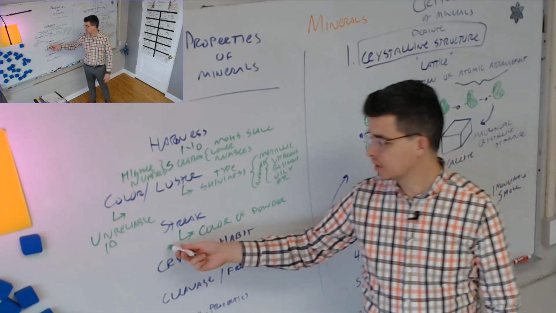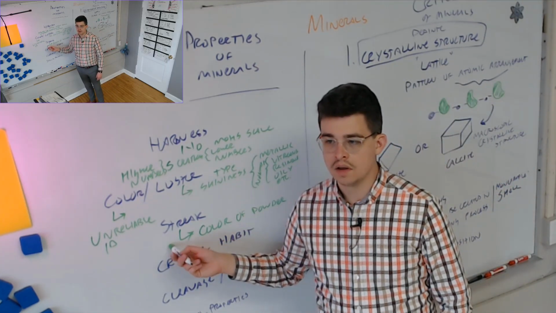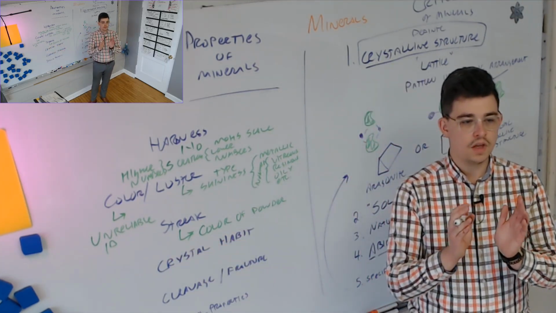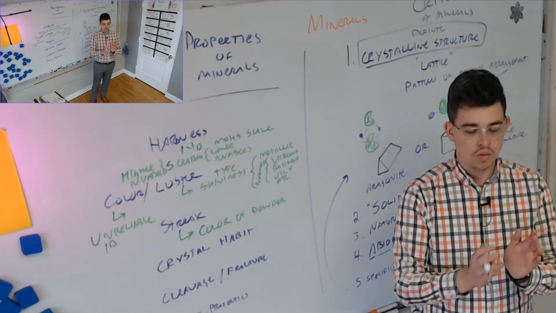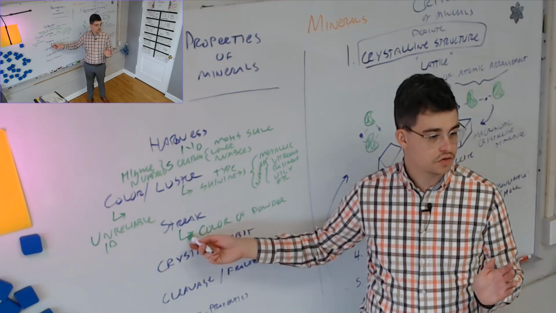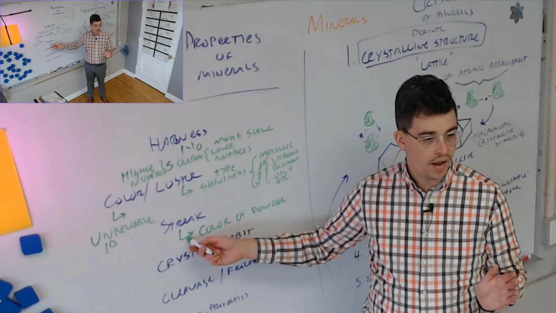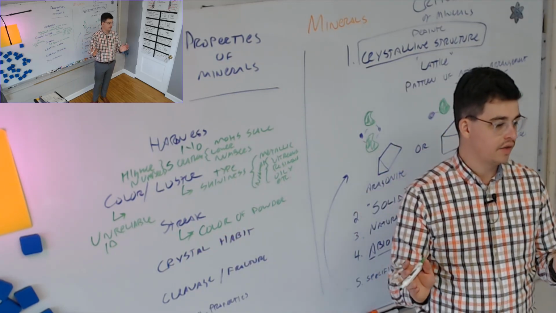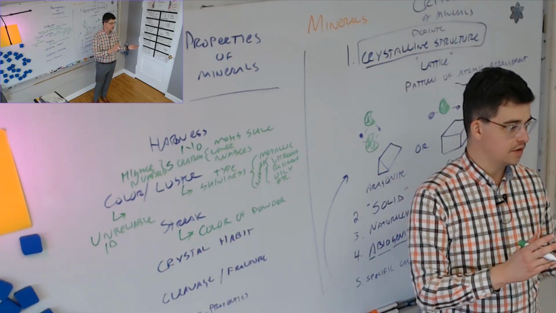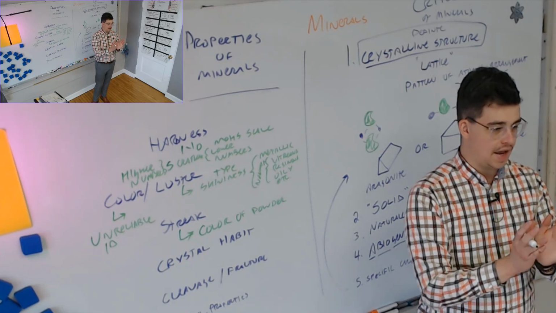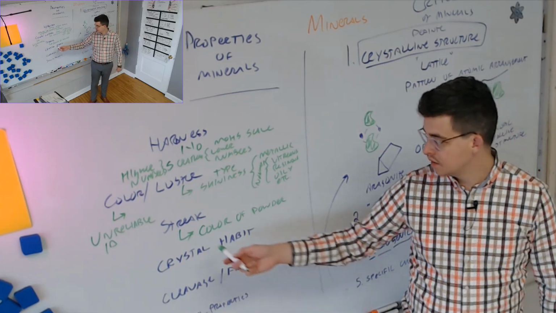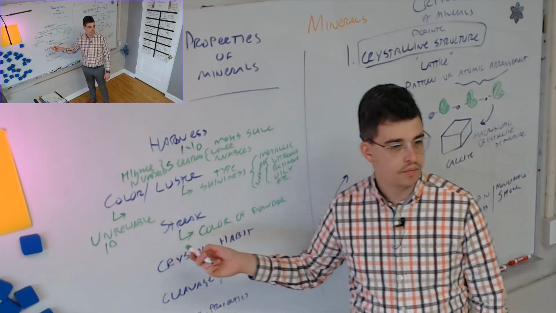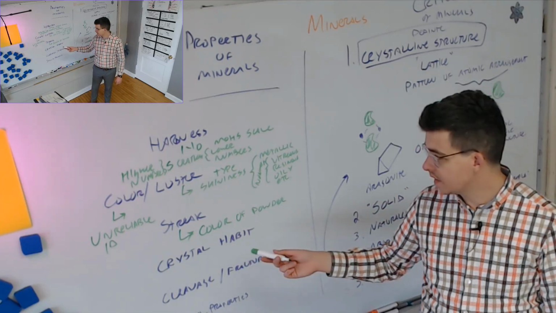Streak is much more reliable, as most samples of the same mineral will have the same or a similar color of streak. But several minerals still have a black streak, for instance. So it's not super reliable in narrowing it down, but if you already have an idea, the streak can be a good way of confirming or rejecting that idea.